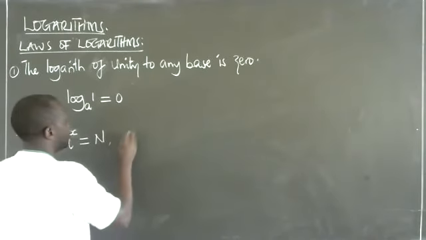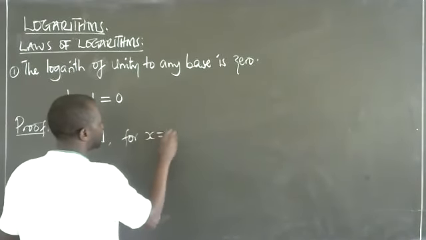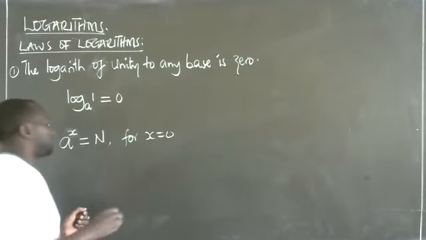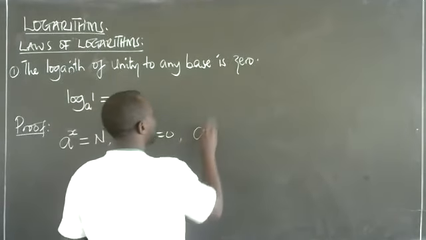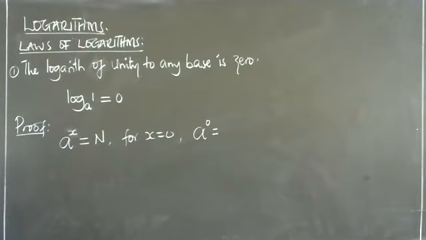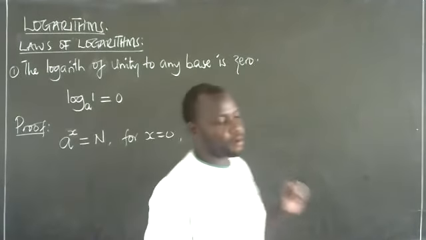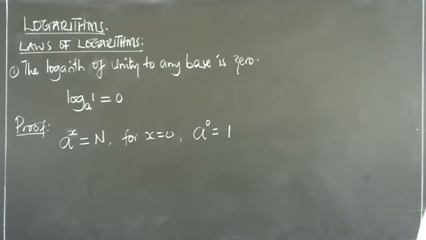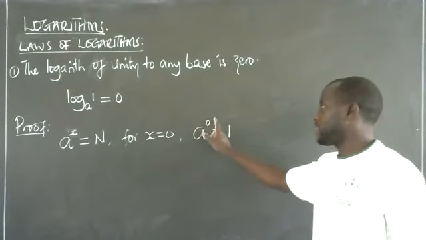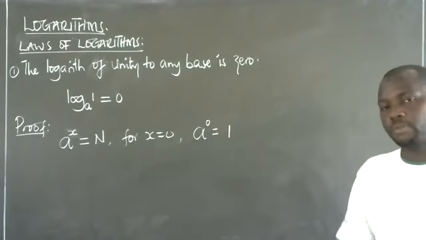Now, for x equal to 0, what will this mean? We mean that a to the power 0 is equal to n. What will be the value of n? It will be 1. Remember from indices, we said any number to the power 0 is always 1. So whatever the value of a, once the power is 0, the answer becomes 1, and we proved that.